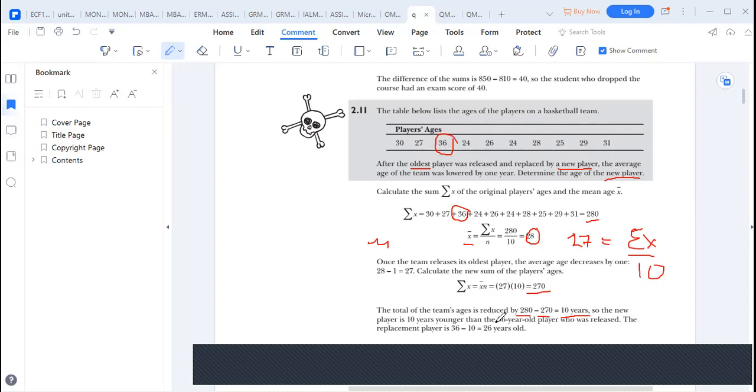So we subtract 10 years from the 36. So meaning this new player should be 26. So the mistake that many people would make would be to think that the new player is 10 years old. No, it's the difference between the oldest player and the new player. Are we together? Yes. All right. So these are questions that you may think you know, and yet you don't.